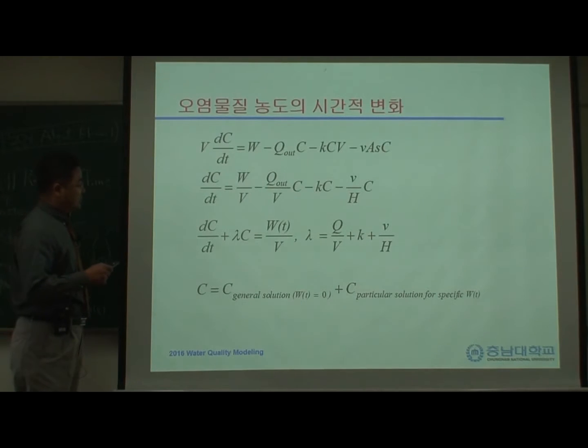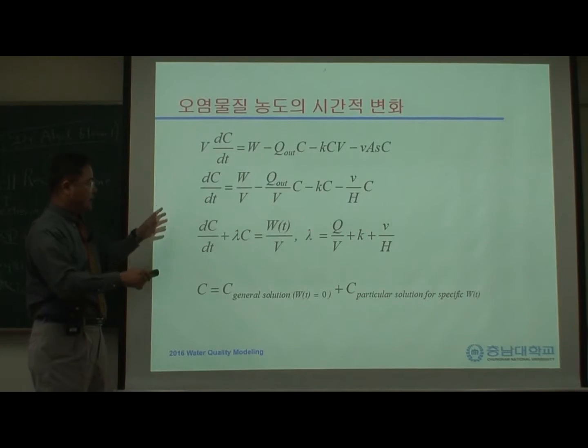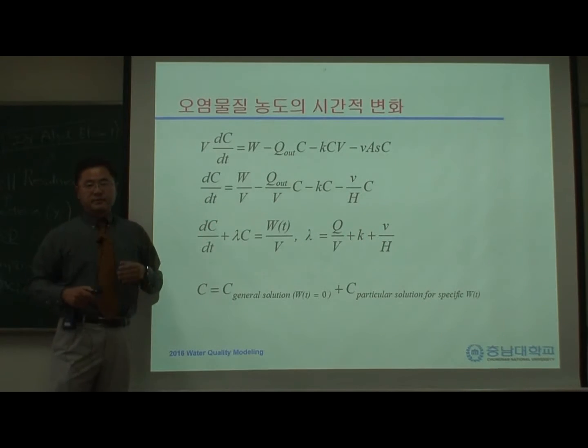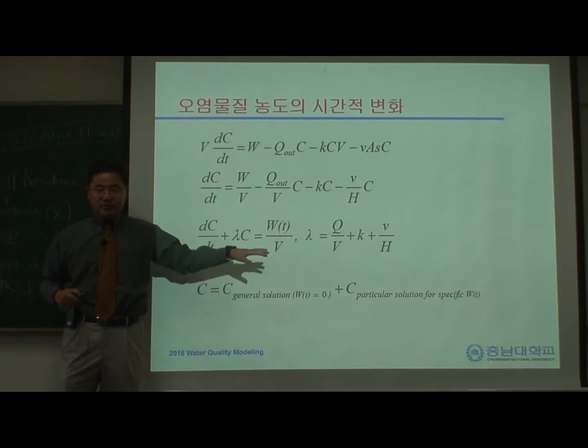Right. So we now have this kind of equation. We rearranged our equation and came up with this. And I believe you all learned how to solve this in your calculus, right?